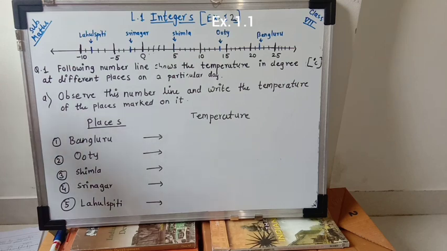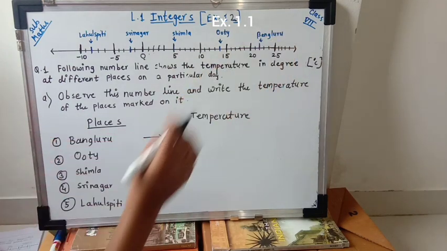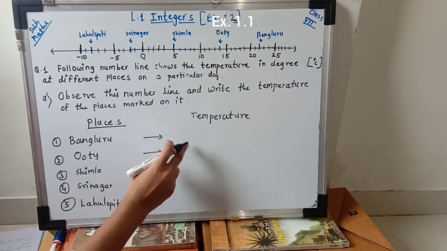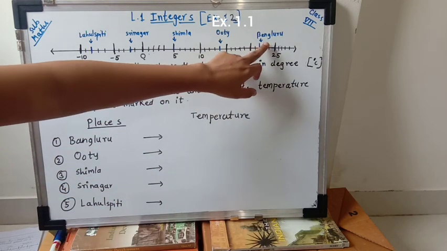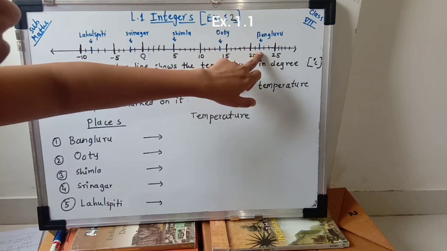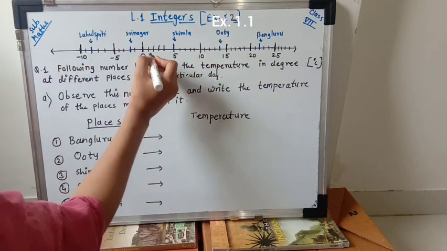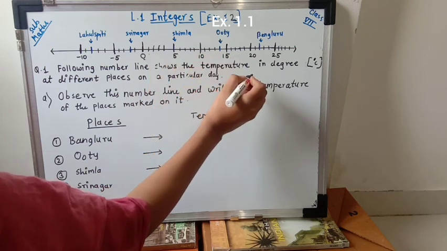Now let's see the temperature of the first place, that is Bengaluru. Bengaluru is marked on one line here. As I said, each line is for each degree.